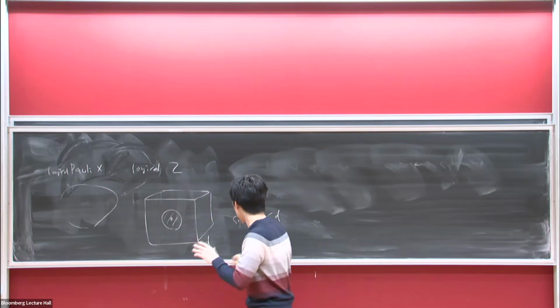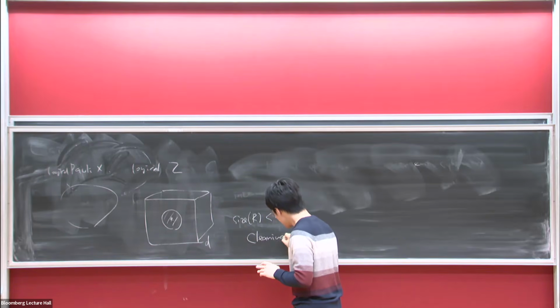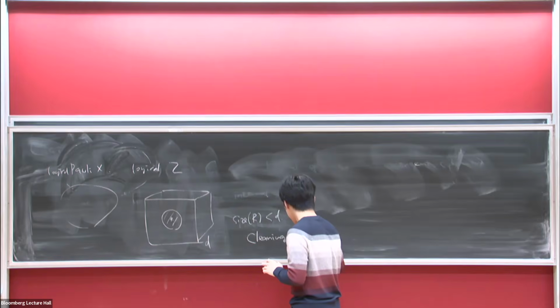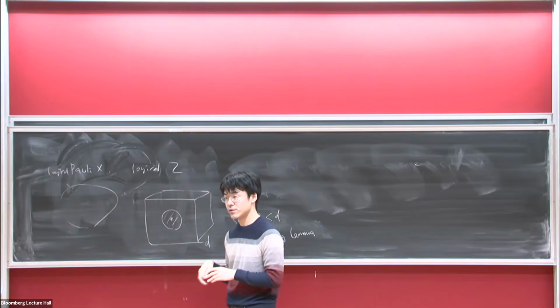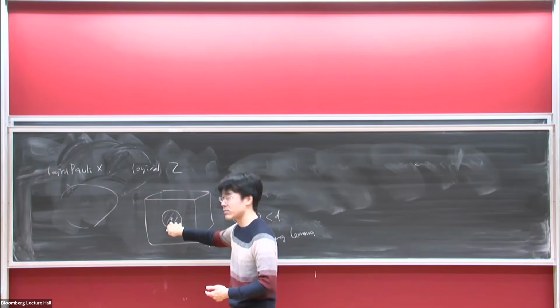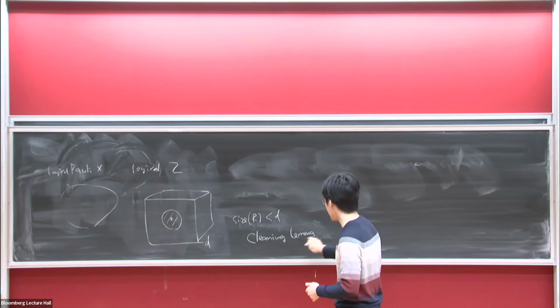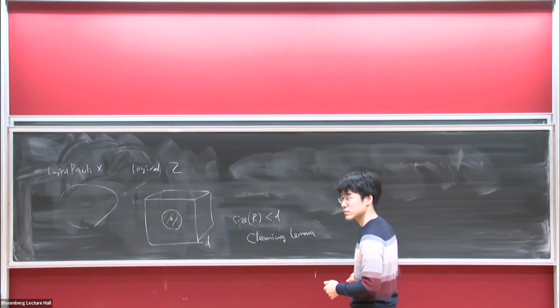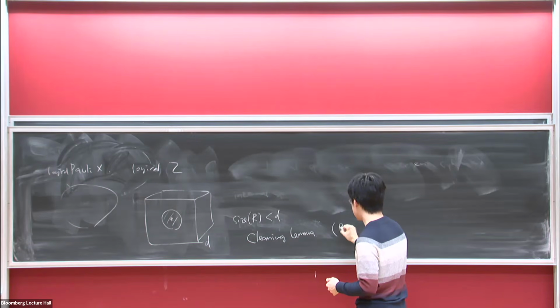In this case, the cleaning lemma claims that we can deform the Pauli operators without changing the logical action, such that the support on R is empty. So we can establish this using the topological condition. This is, I think, established by Bravyi.